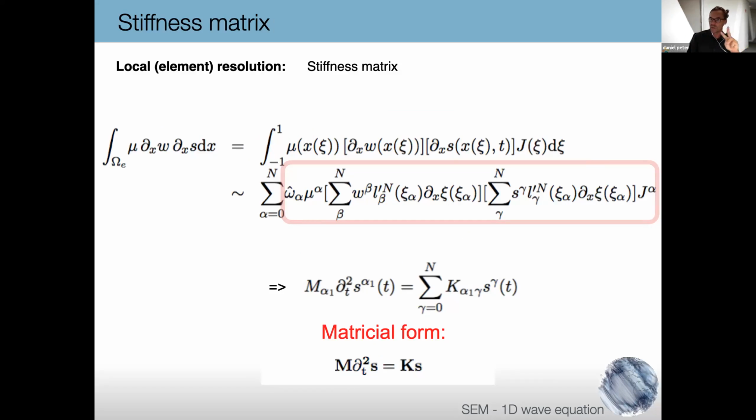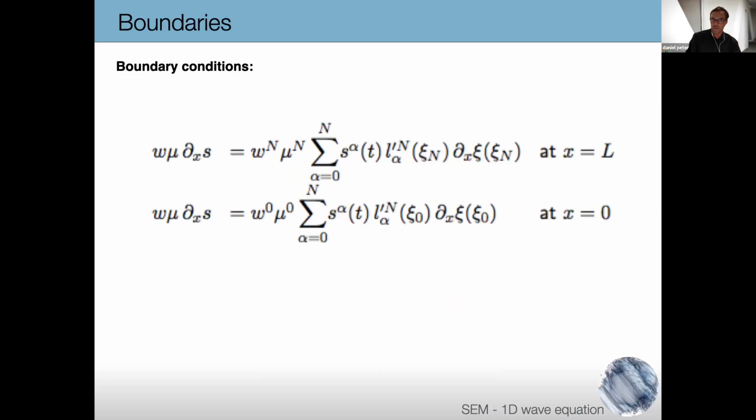So mass matrix and stiffness matrix, the local contributions look almost identical to what we have in the previous example. The boundary terms, again, here it's just with the shear modulus instead of the kappa as a material property.